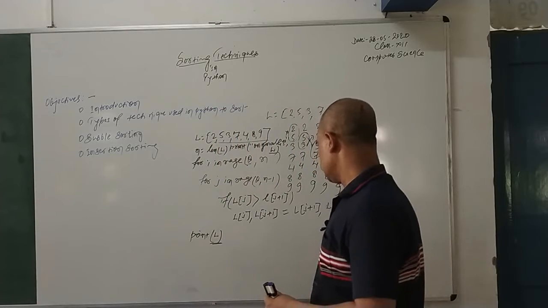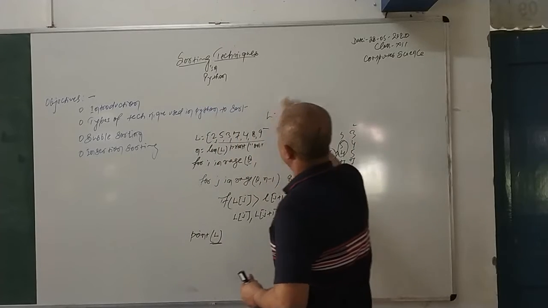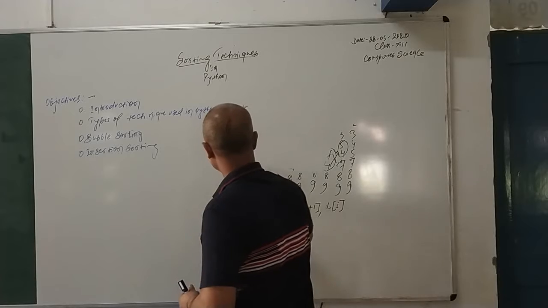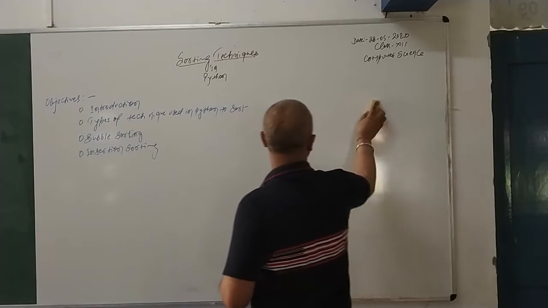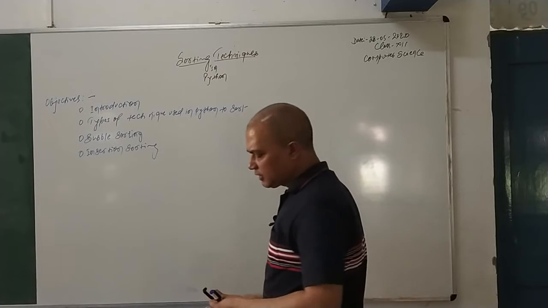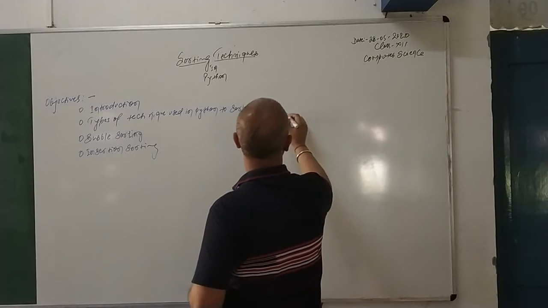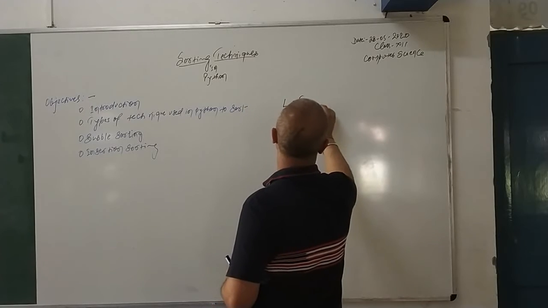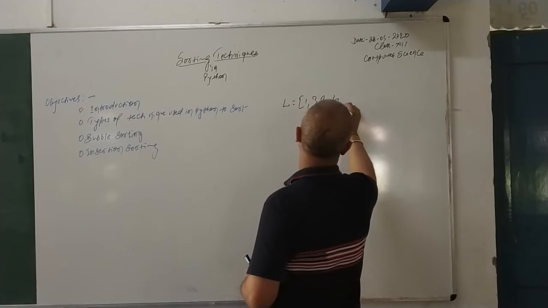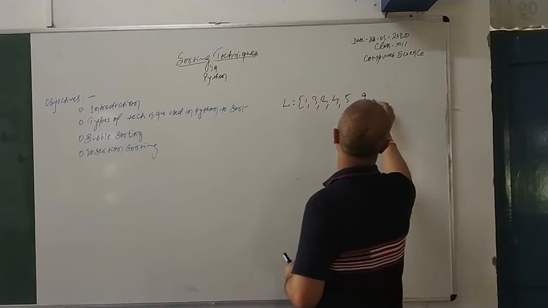Let's see the next sort now. Now in case of insertion sort, that is the second sorting technique or method we have, what really happens here? Suppose L equal to, I am taking 1, 3, 2, 4, 5, 9, 8.